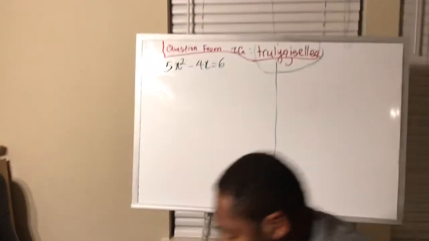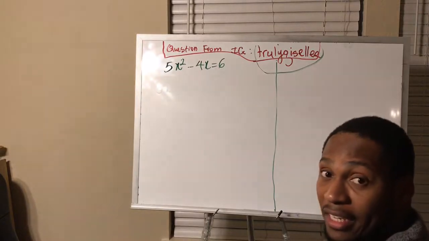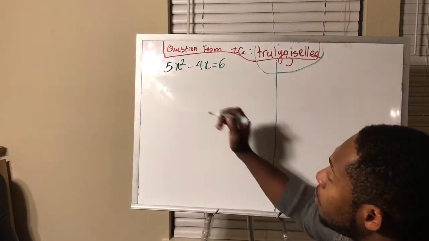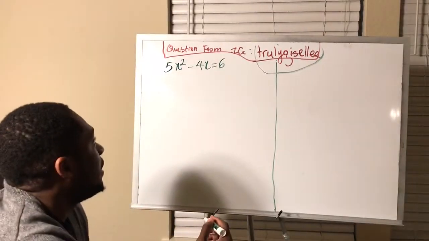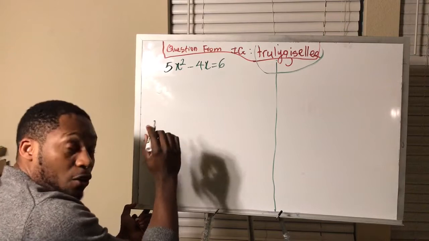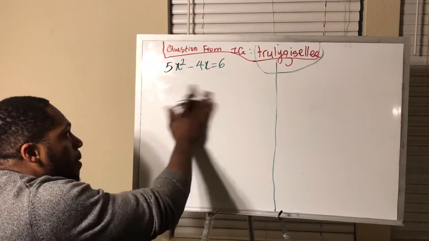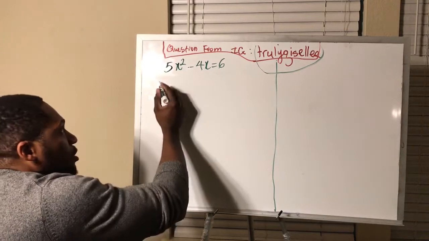So, first of all, when you get an equation like this, the first thing you do is put everything that has x, every part of the equation, on one side, usually the left side.